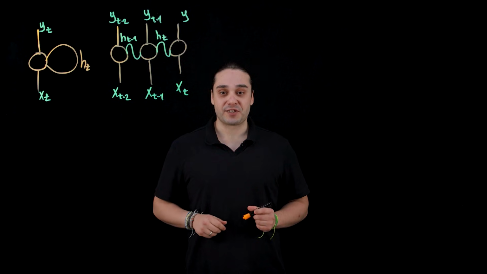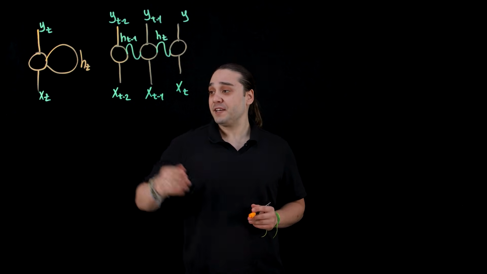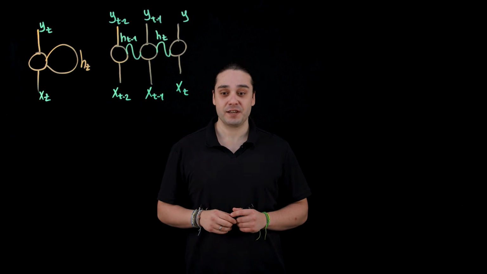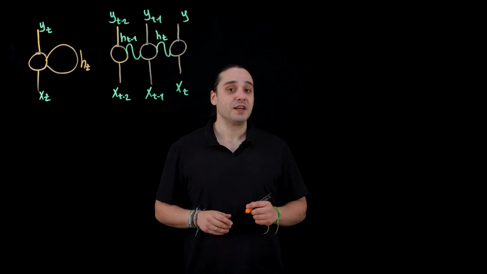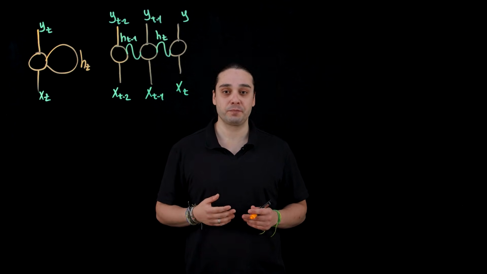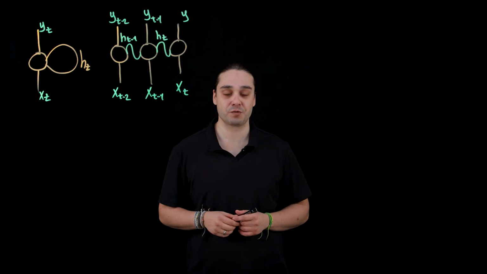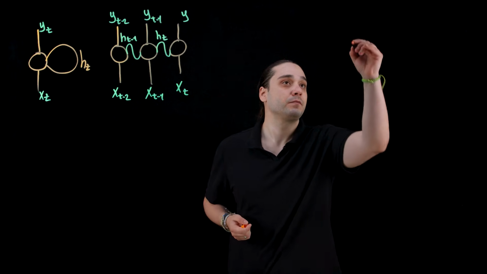Again, let's think about the single neuron. We have xt as our input, yt as our output, and we have ht, our hidden state. The output yt is computed based on the hidden state ht, and we can represent this relationship with the following equation.